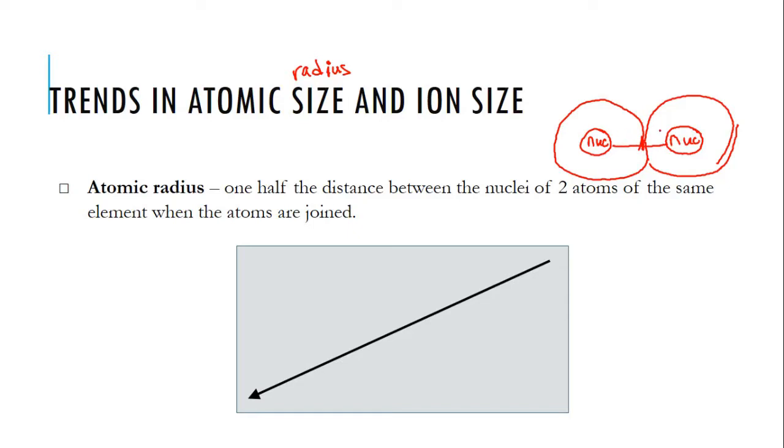Now, apart from that, the trend in general for size is this arrow, and this is how I teach my kids in class: atoms get bigger down and to the left. So I do all of my trends as arrows.